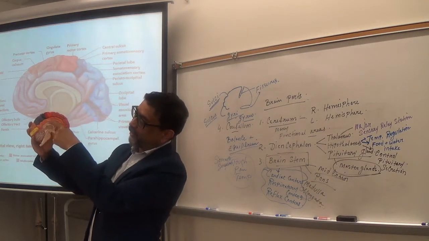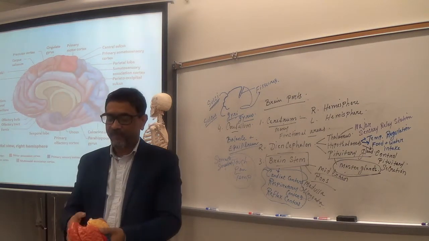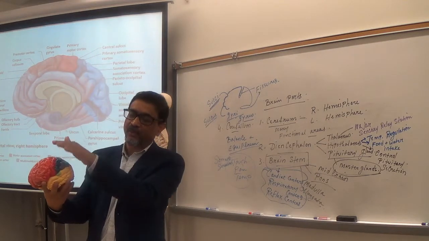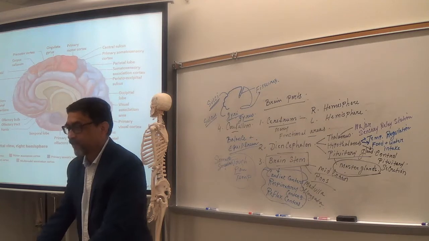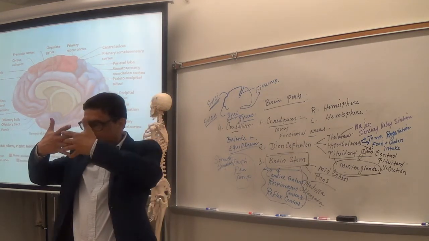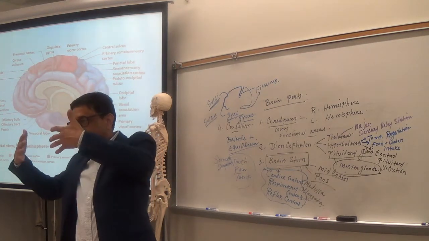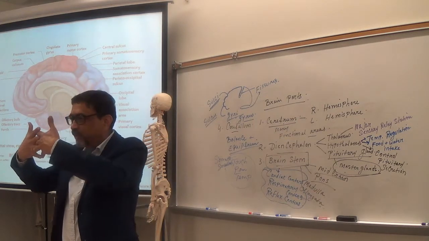Not only that, through this corpus callosum, fibers go from one hemisphere to the other. If you cut the corpus callosum and see under the microscope, you will see the fibers passing like this. From the right hemisphere, fibers are going to the left. From the left hemisphere, fibers are going to the right.